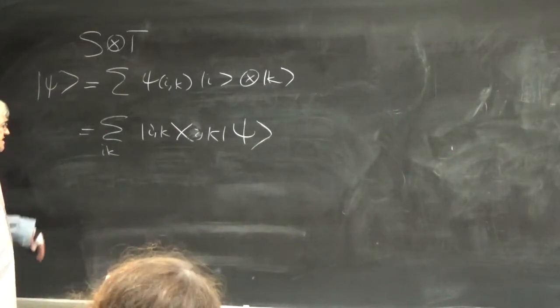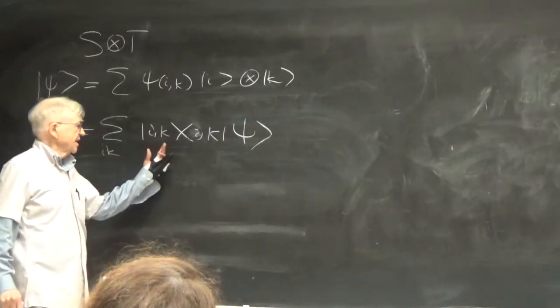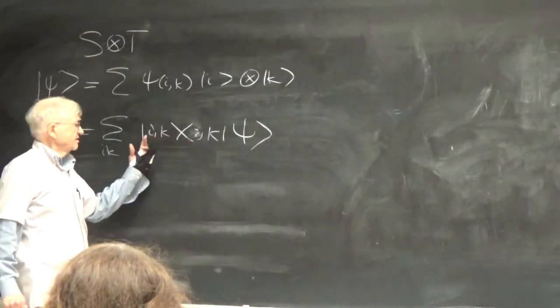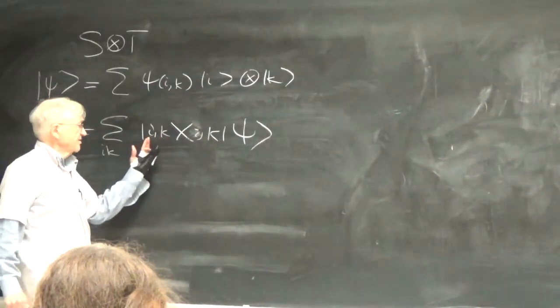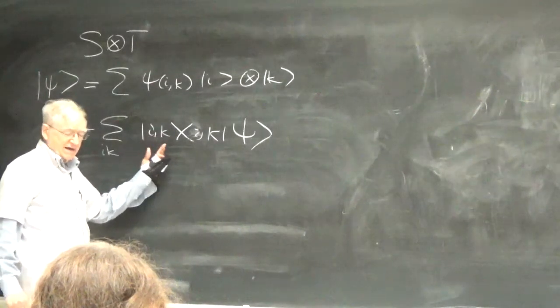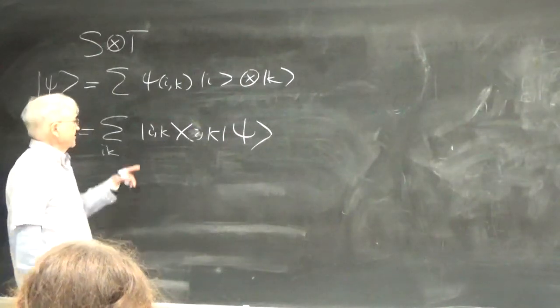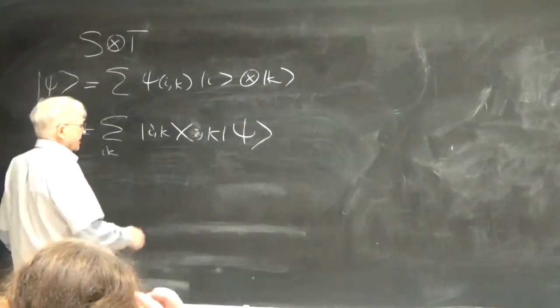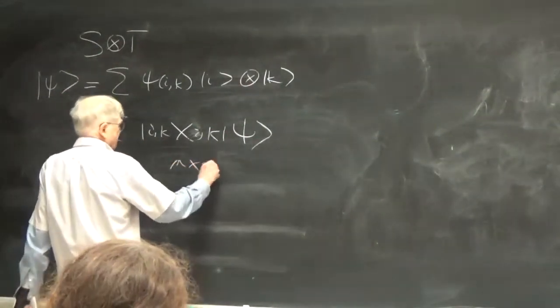This is the general state. It's an arbitrary linear combination of the direct product states I and k. So if this is n by m, then there are n times m terms here.